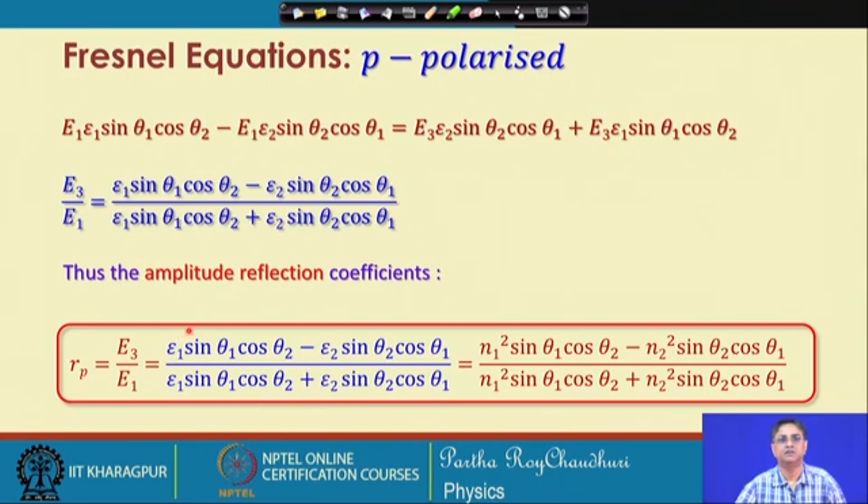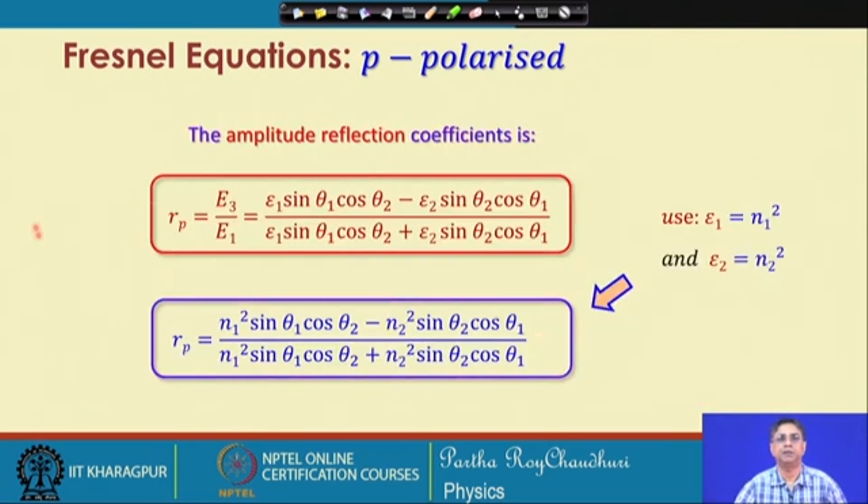And because the permittivity for this dielectric is nothing but the square of the refractive indices, we can write epsilon 1 equal to N1 square and epsilon 2 is equal to N2 square. So, this is the other form of this equation for the amplitude reflection coefficient for the p polarized light RP.